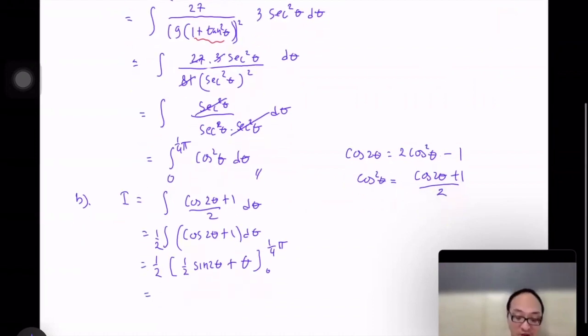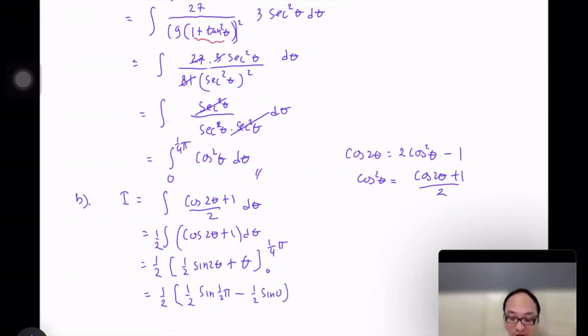So we can put it into the formula. 1 over 2 sine 1 over 2 pi minus 1 over 2 sine 0. Okay, I put the bracket, plus 1 over 4 pi minus 0.